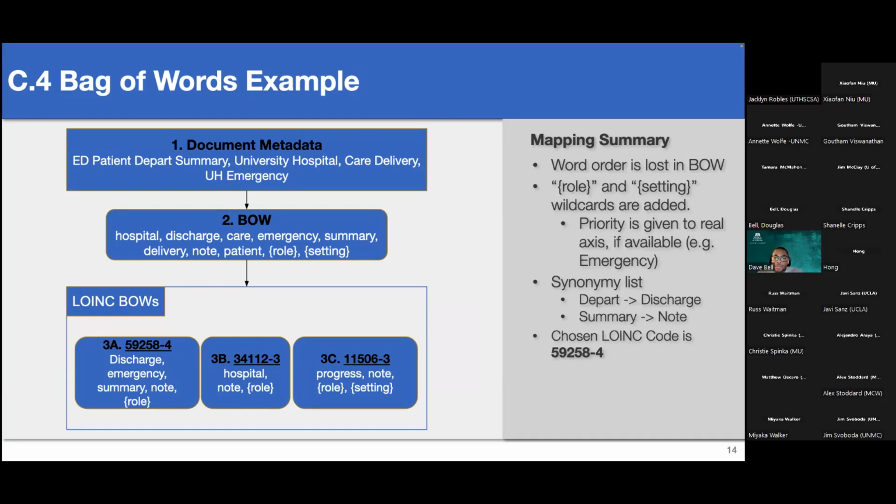And as you can see, there are placeholders in here, role and setting at the top right. You can see those listed anywhere inside the bag of words. Those are wildcards that we use because you don't need every dimension mapped. You just need at least two, I believe, to get a valid mapping.